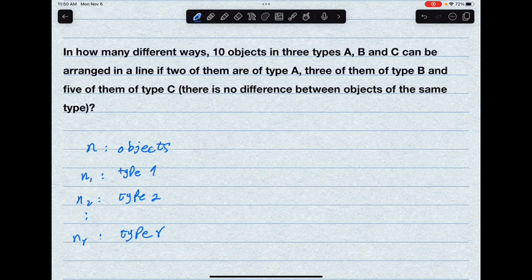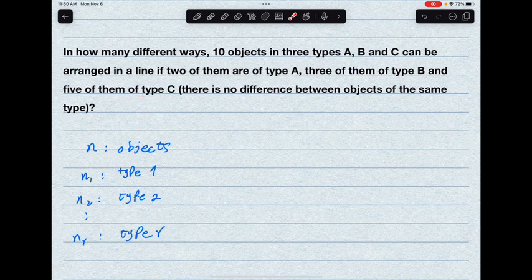There are some repetitions because we are assuming 2 of them are of type A, so that object can be repeated twice, and the objects of type B, there are 3 of them, so it can be repeated 3 times, and 5 of them are type C, so these objects can be repeated 5 times.